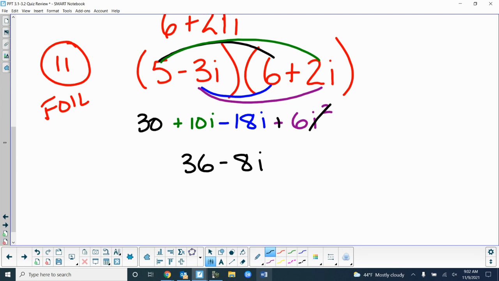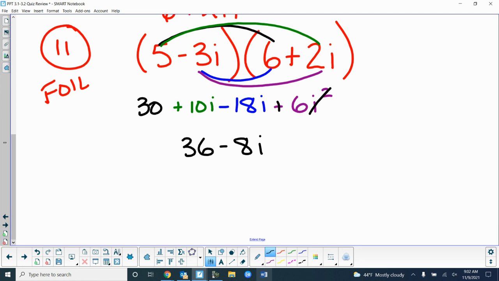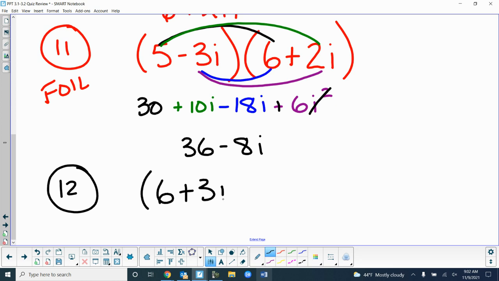All right, so we're foiling number 10 or number 11. Number 12 is just like number 11, but it's a little quicker. It says multiply the complex number 6 plus 3i by its conjugate.